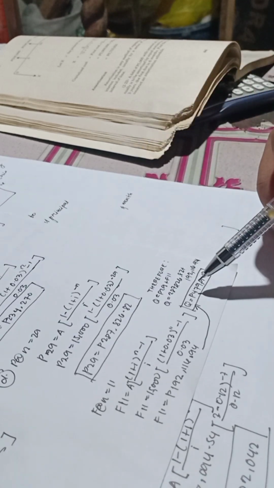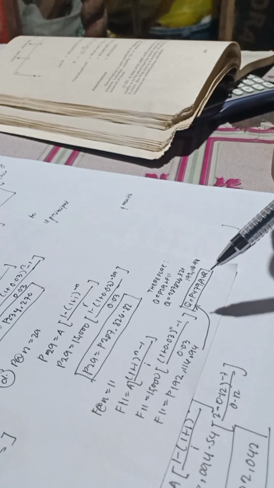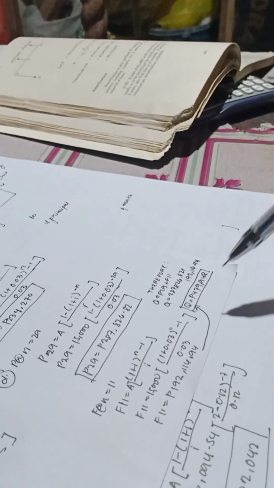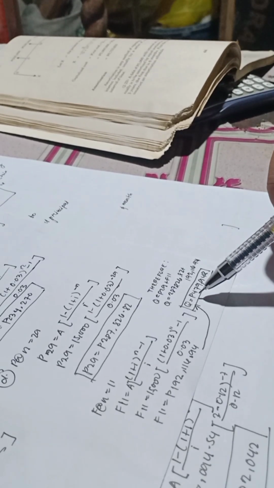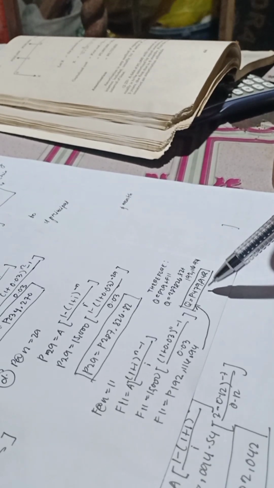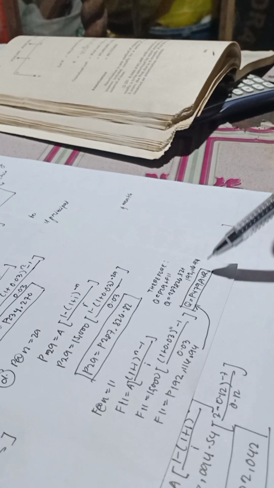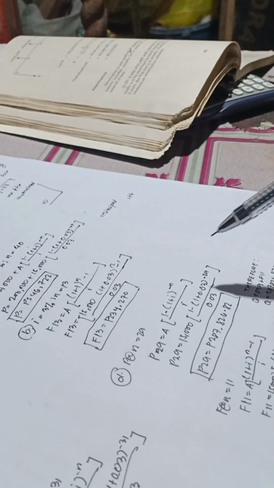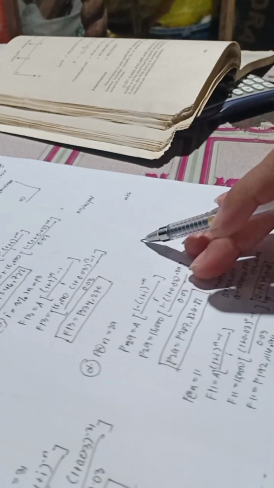So our final payment is 479,948,000. So this is our final answer or final payment in problem number 15.